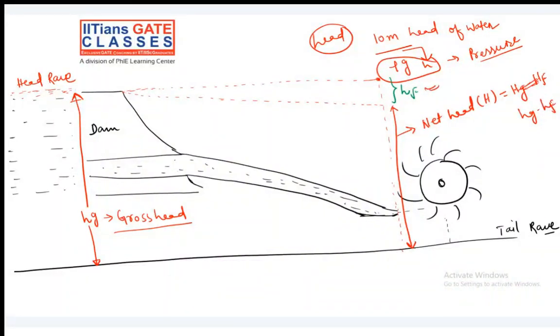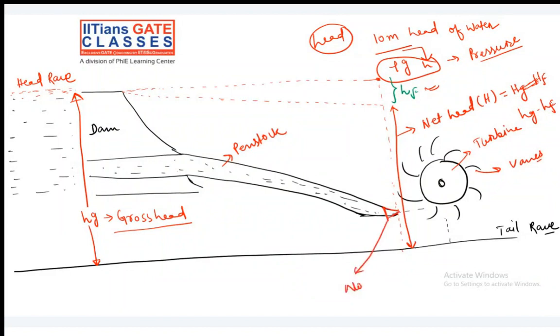Okay, this is the dam, this is the penstock, this is the turbine, this is the vane. And here, this part is called the nozzle.